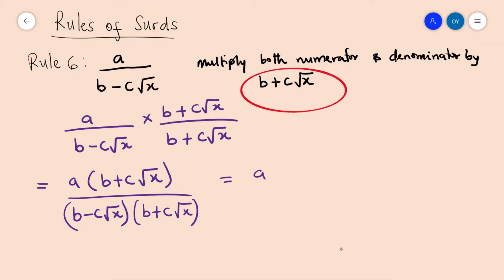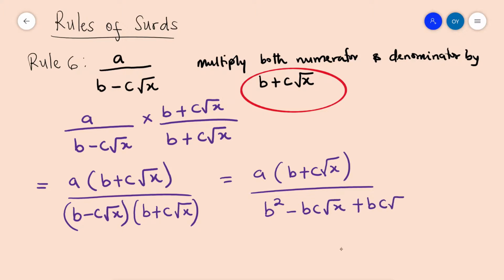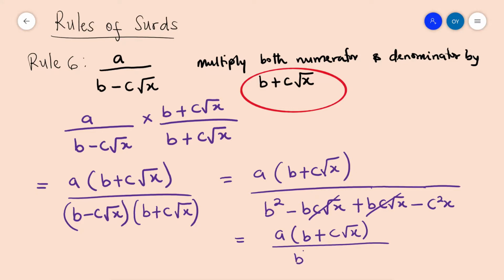And this becomes a bracket b plus c root x divided by b squared minus bc root x plus bc root x, then minus c squared x. So this cancels this. So we have a bracket b plus c root x divided by b squared minus c squared x.